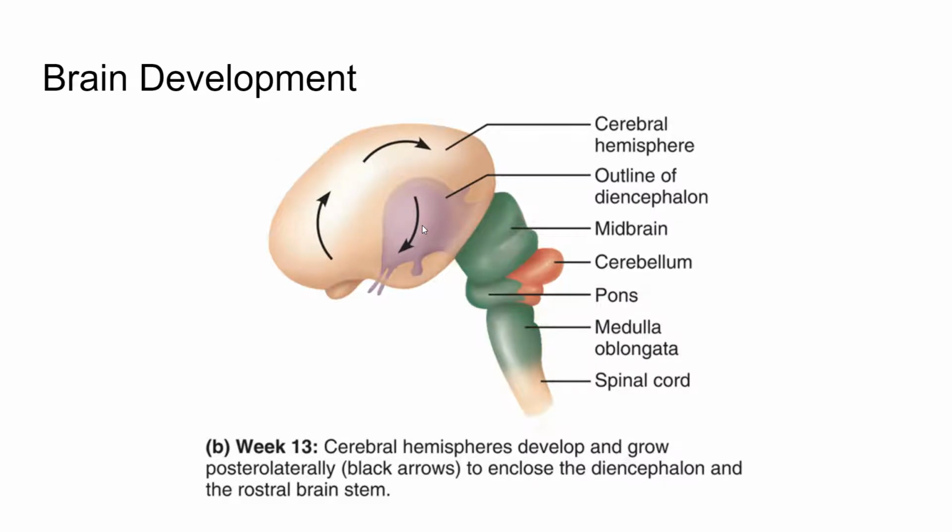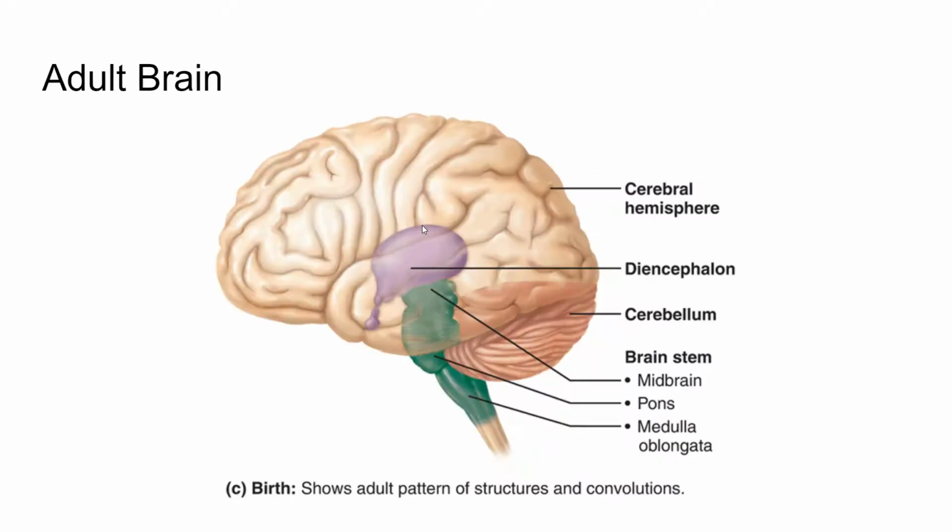As you develop as an embryo, this anterior end of this nerve cord is just going to get bigger and become more and more specialized. And the brain in development actually grows faster than the surrounding skull. So in order to fit, it has to fold up, which is what you see here.